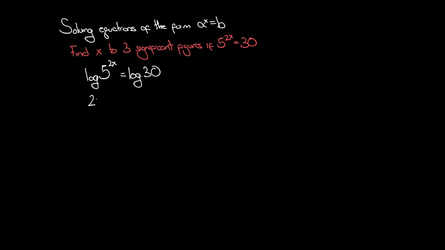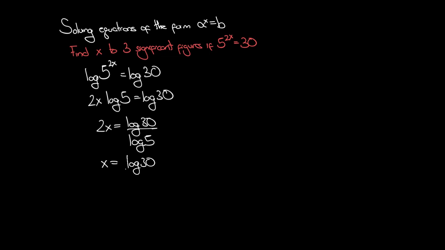Move that 2x to the front: 2x log 5 is equal to the log of 30. We have 2x is equal to the log of 30 divided by the log of 5. And then we now know that x is going to be equal to the log of 30 divided by 2 log 5. Remember, we're dividing by 2, so that's going to end up in the denominator.